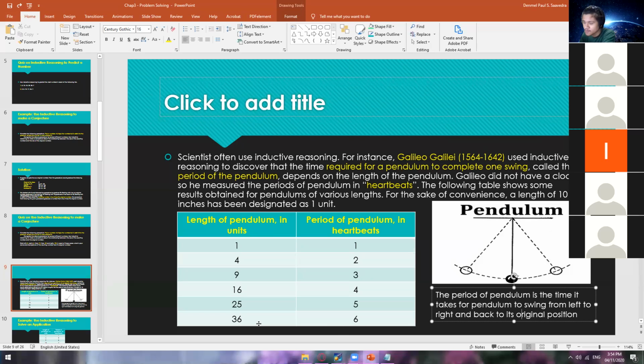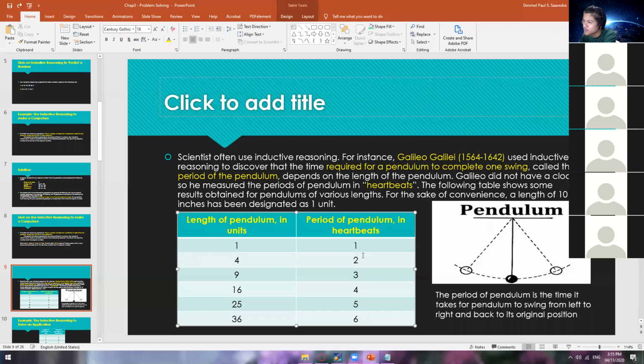49. That's good. Sir, whatever the number of periods of your pendulum is, that's the length of your pendulum. What is the unit of your pendulum? Can you give me an example? Sir, the number of heartbeats is the unit of your pendulum. So if I have 7 heartbeats, you measure that.